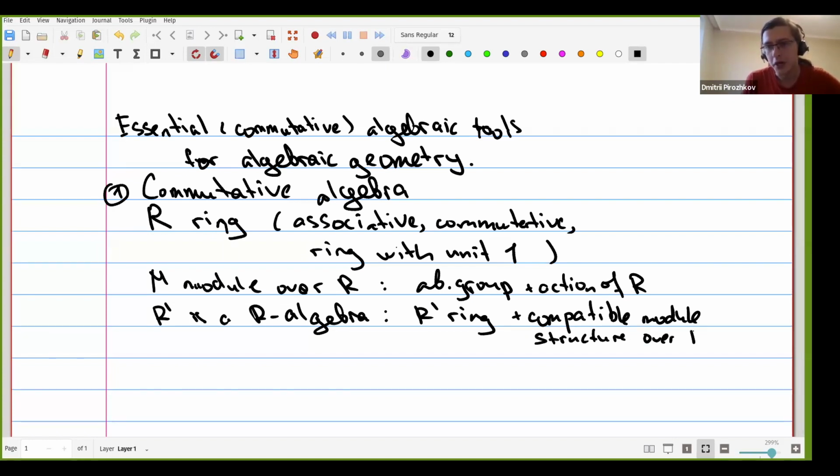So it means that I can take elements of R and multiply any element of R prime by an element of R to get something that lives in R prime. And this is compatible with the multiplication in the ring. But equivalently, since my rings all have a unit element, this is the same as saying that R prime is a ring and there is a map, which is a homomorphism of rings.